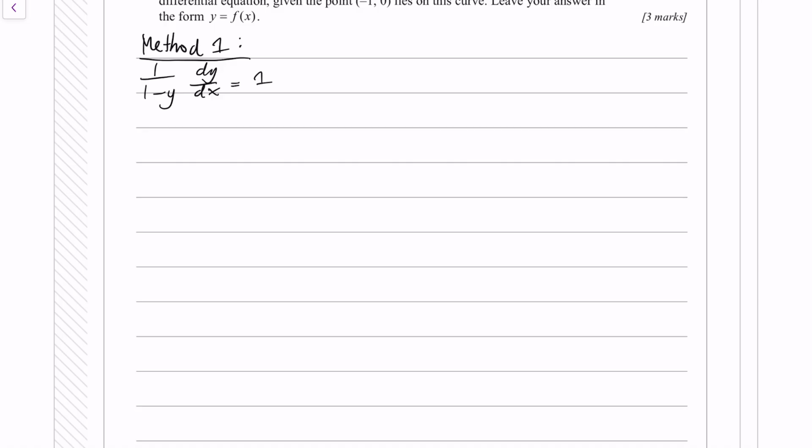Then I want to integrate both sides, but first I need to bring our dx to the other side.